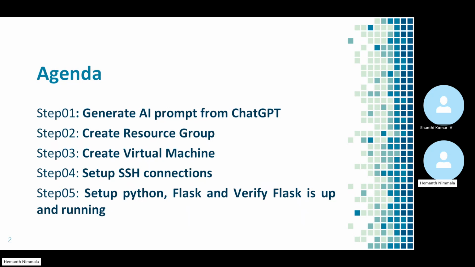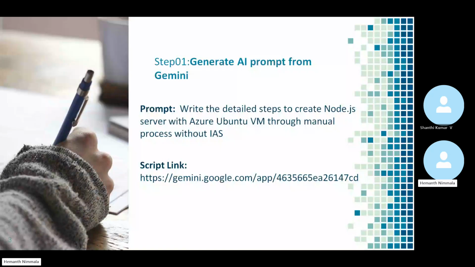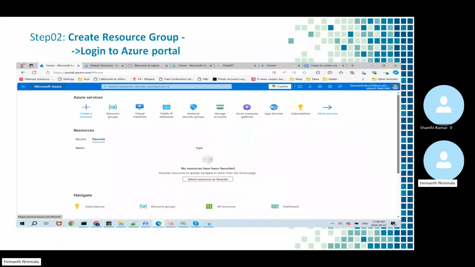So I will go over some of the screenshots. This is the prompt I used on Gemini, basically asking, please provide all the details for Flask and provide me the script as well, without any infrastructure as code.